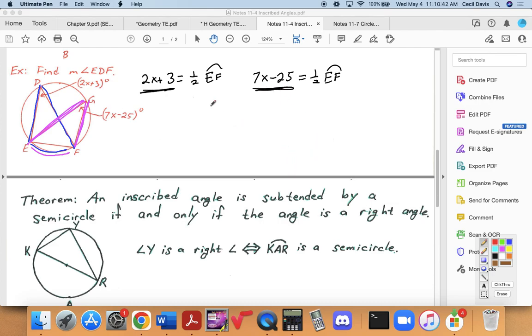They're equal to each other. So 2x plus 3 is equal to 7x minus 25. It'll be 5x equals 28. So divide by 5 and you get x is 28 fifths.